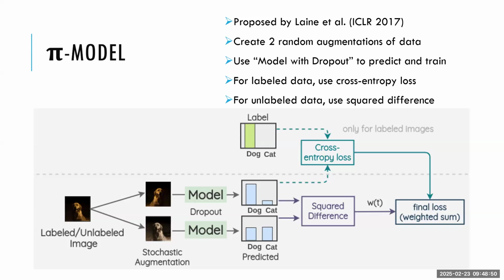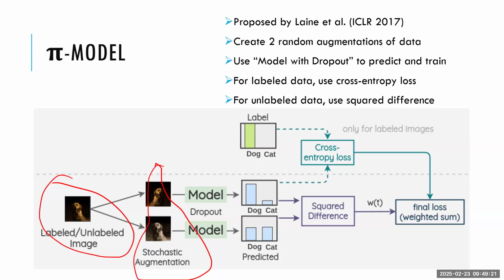We will learn a little bit about dropout to predict intent. And we actually use a different loss function between the labeled data and unlabeled data. So each image, it doesn't matter whether it is labeled or unlabeled, will go through augmentation.